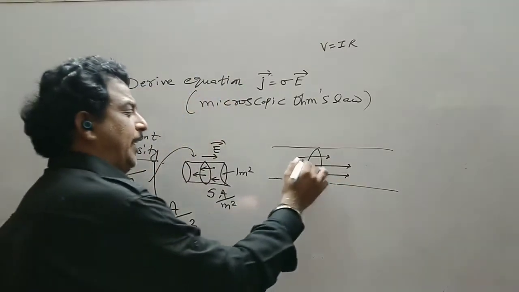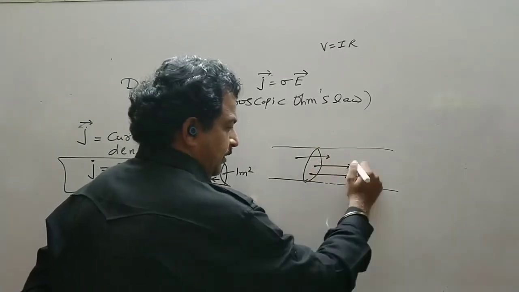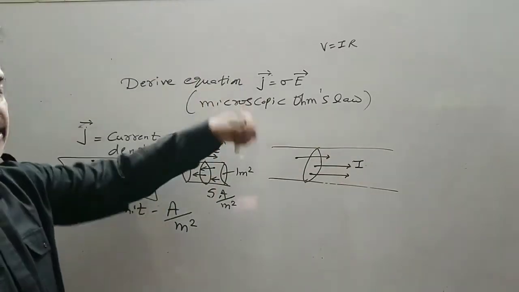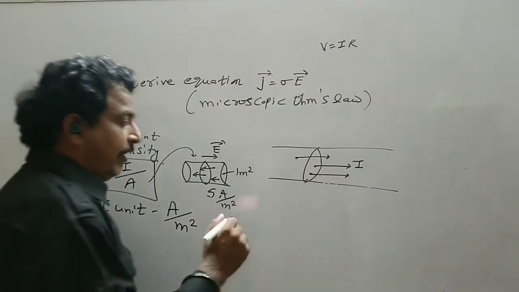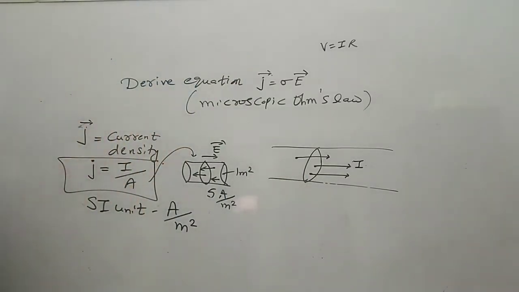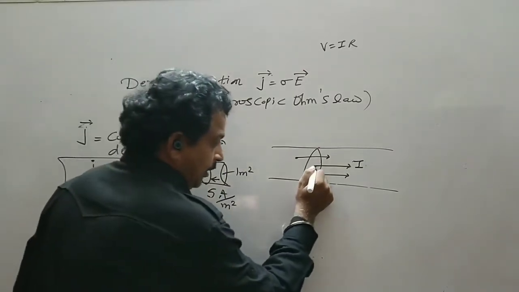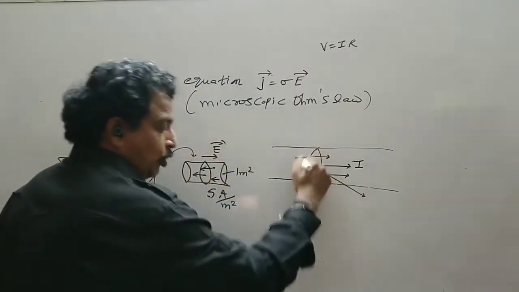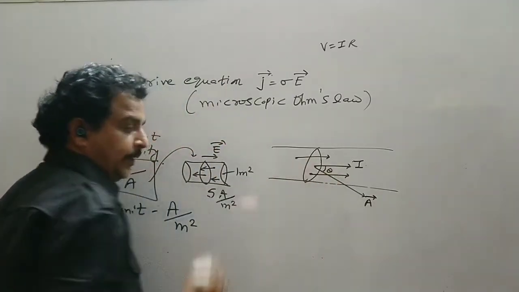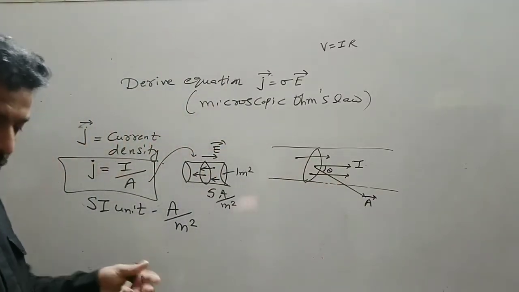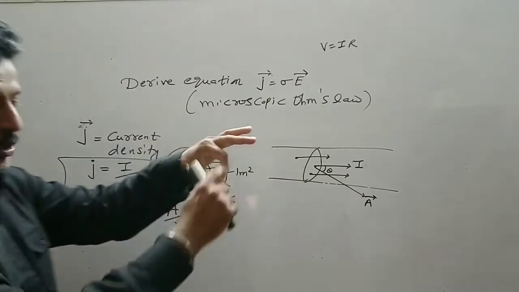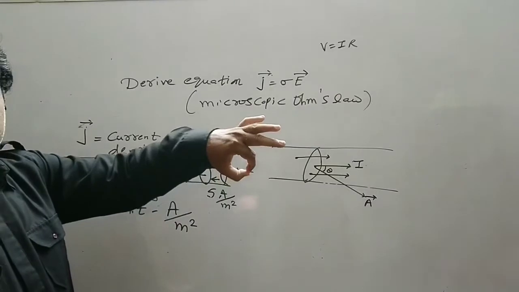So this is the current, the motion of the positive charge, the conventional current. Now if I want to take an area, because area is a vector quantity, we know that, the area vector of this cross section will be in a downward direction. So this comes out to be theta.